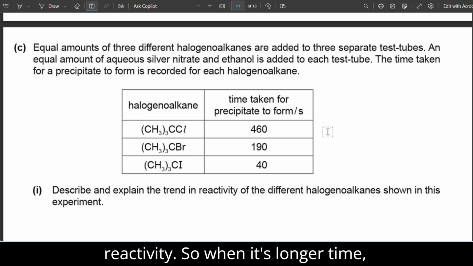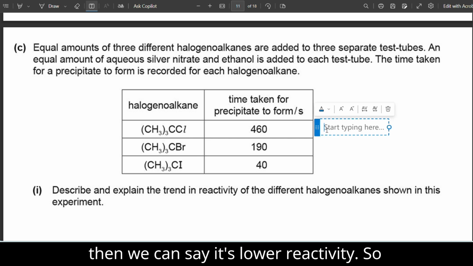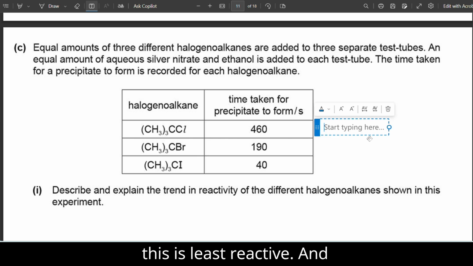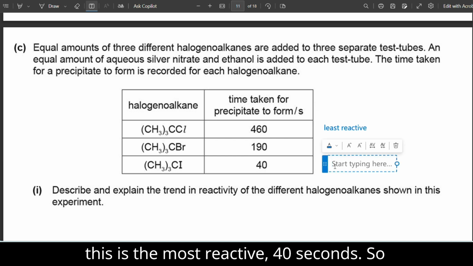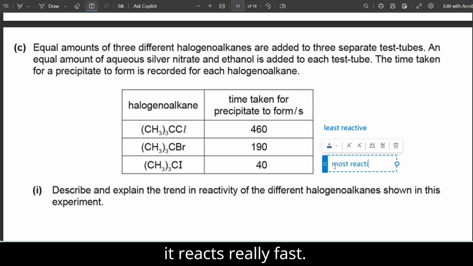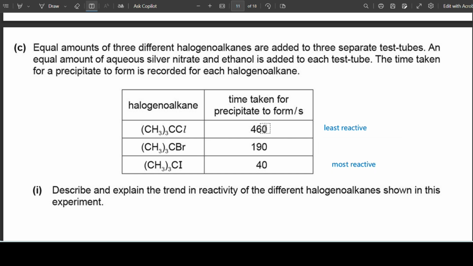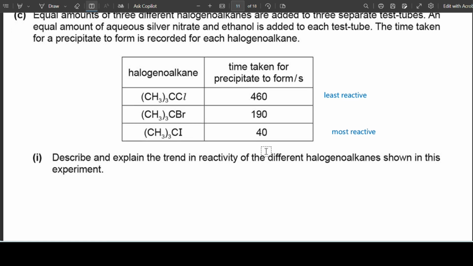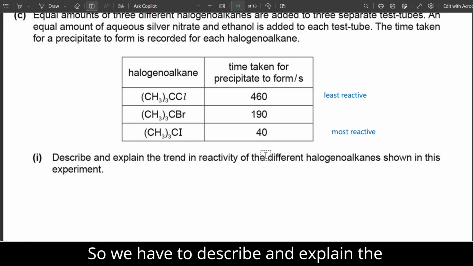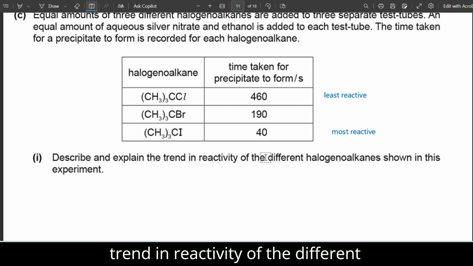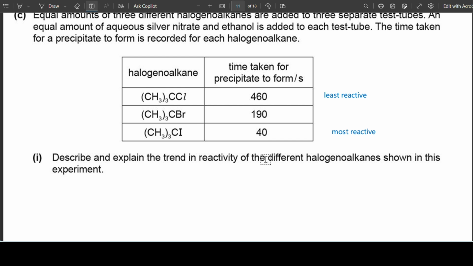So when it's a longer time, we can say it's lower reactivity. So this is least reactive, and this is the most reactive, 40 seconds, so it reacts really fast.